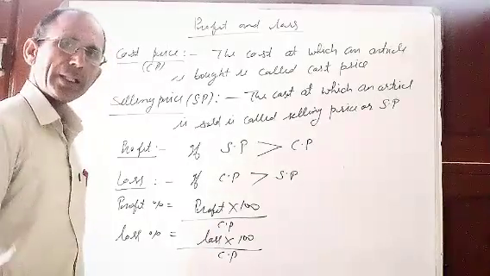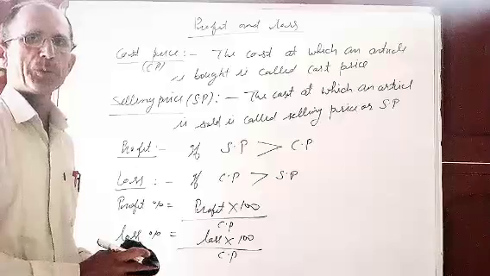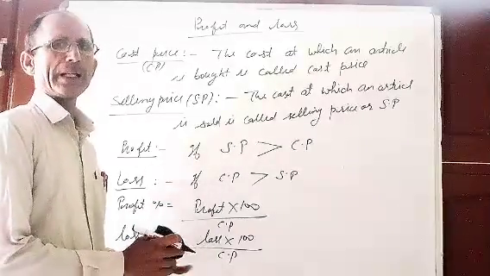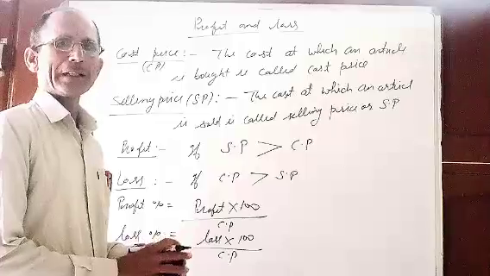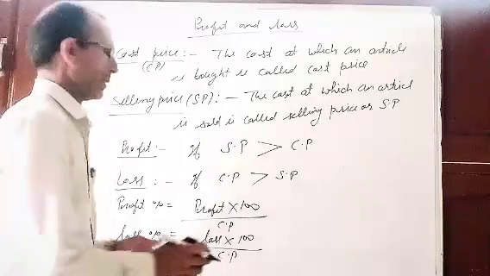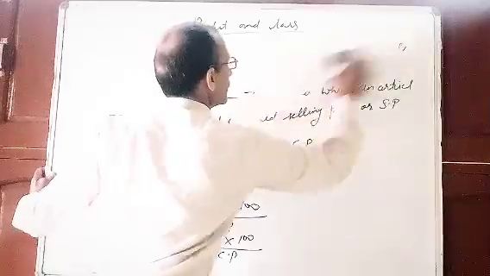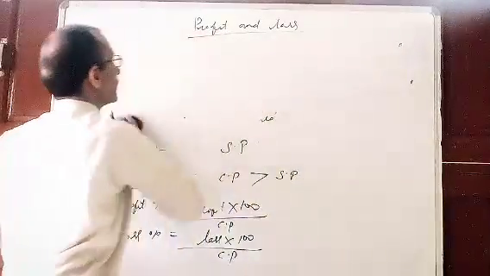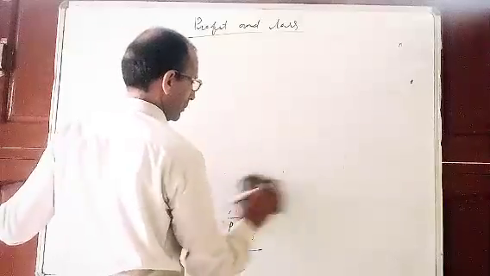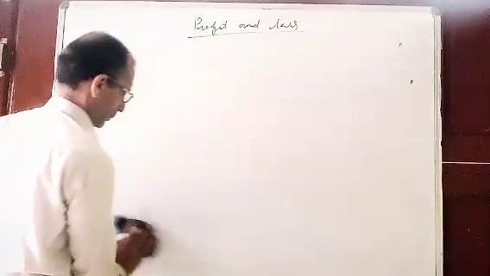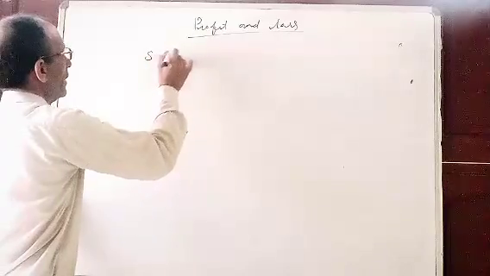In this discussion I will discuss the main points related to profit and loss, and you have to learn them, and after learning you will start the exercise. Next, SP.